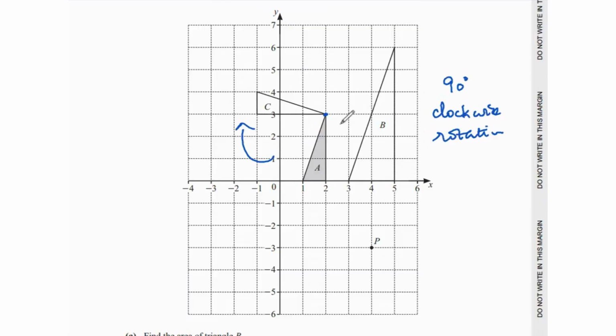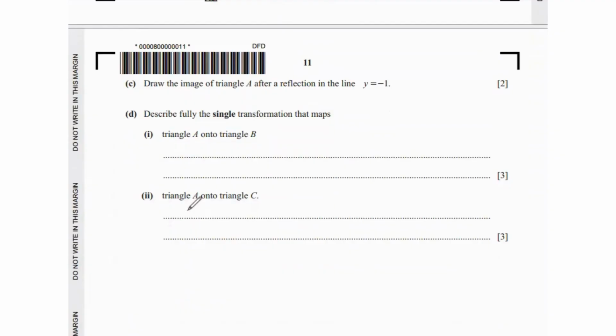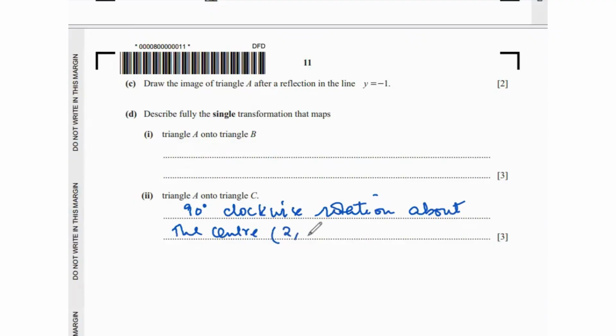And for the center of rotation, it's 2, 3 because the point is moving about this shape. So the center is also going to be this. So we write 90-degree clockwise rotation about the center 2, 3.